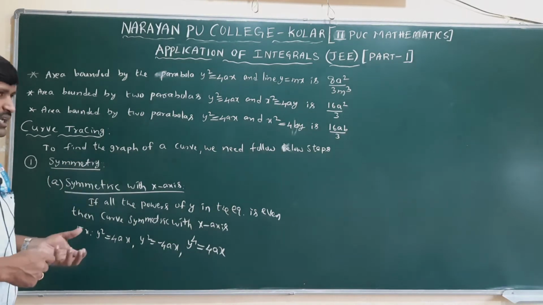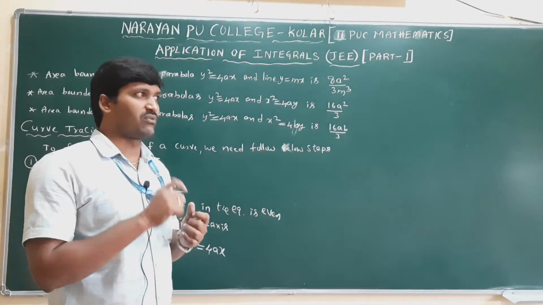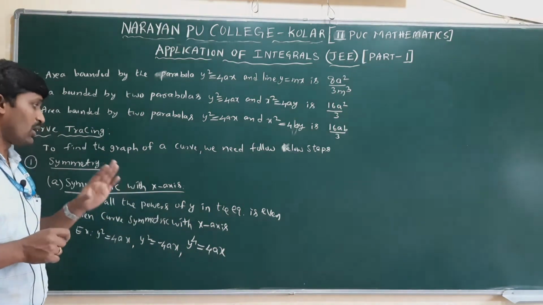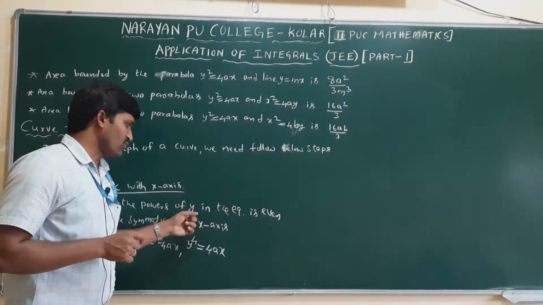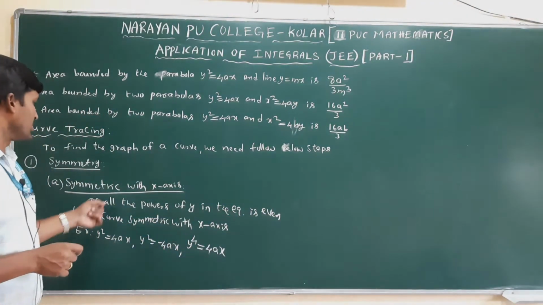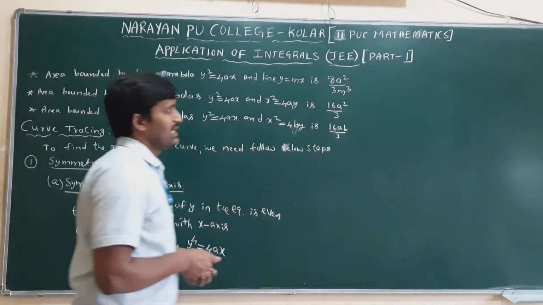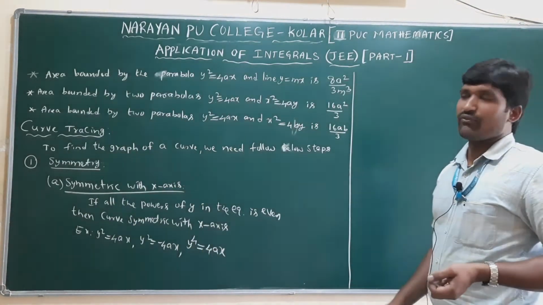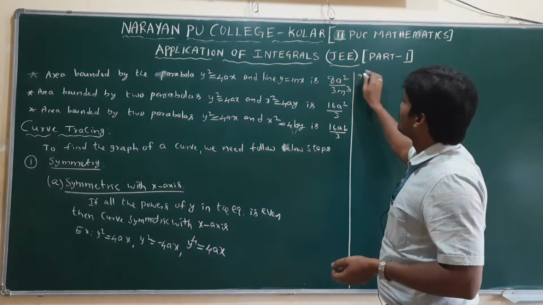Then how to identify which axis the curve is symmetric with? Based on the powers of y in the equation: if all the powers of y are even, then that curve is symmetric with the x-axis.